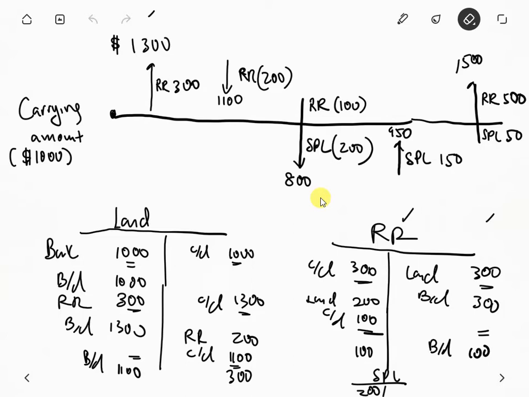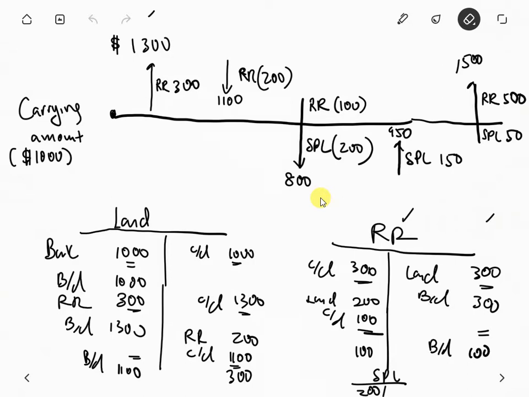Okay. I buy the land for 1,000. Up to 1,300. Up by how much? Up by 300. Go to where? Now 1,300 down to 1,200, down by 100.